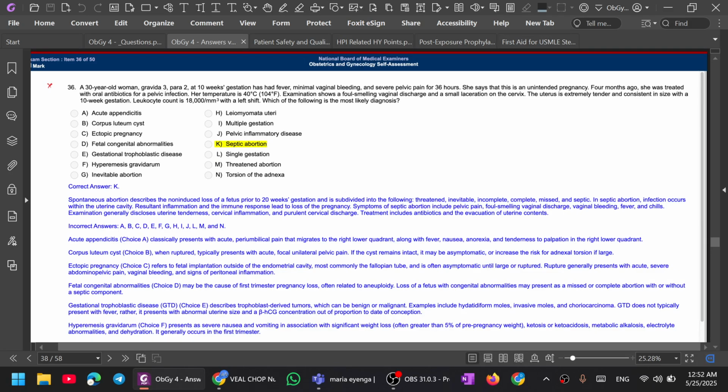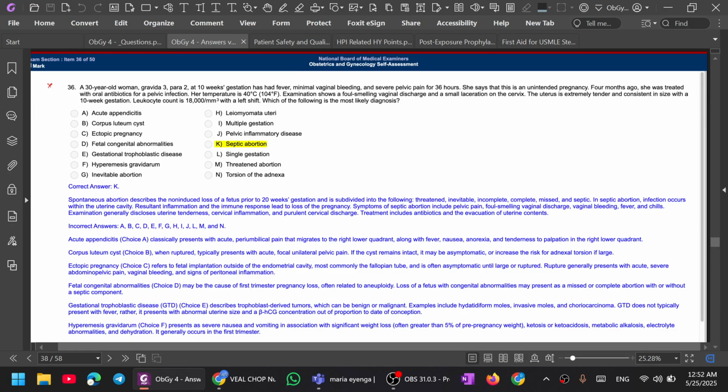What is PID? Pelvic inflammatory disease results from ascending infection into the pelvis via the cervix and uterus. It presents acutely with fever, nausea, abdominal pelvic pain, adnexal and cervical tenderness, and abnormal cervical discharge. What's the difference? It's the same thing. In PID, there is no, what can I say, they are consistent with the size.